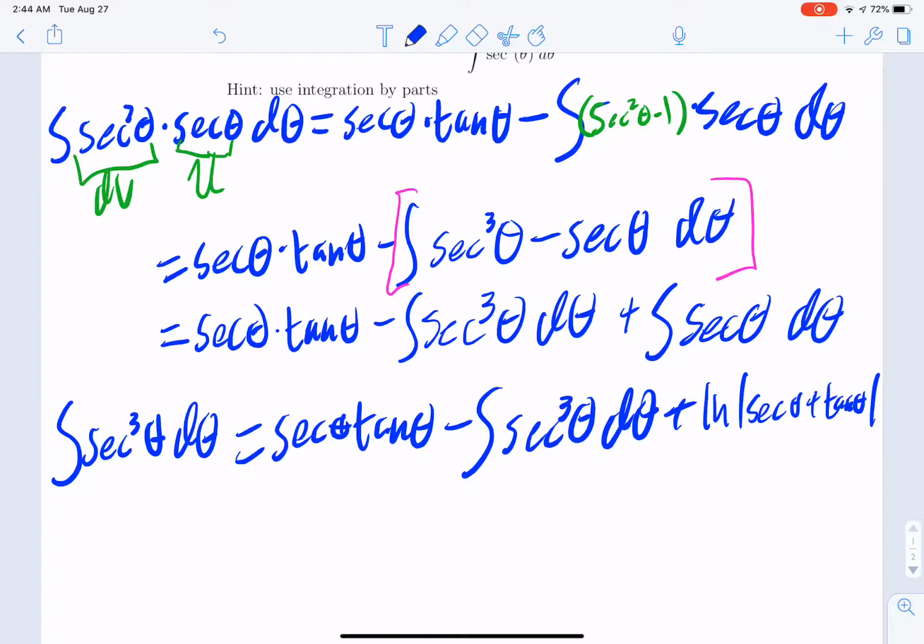And you should just know that integral. I can make another video on how to evaluate that integral itself, but that's one you should just know by now.